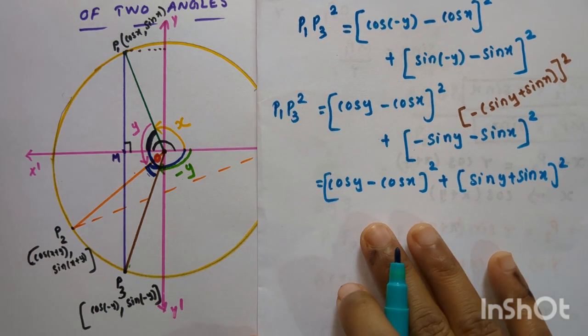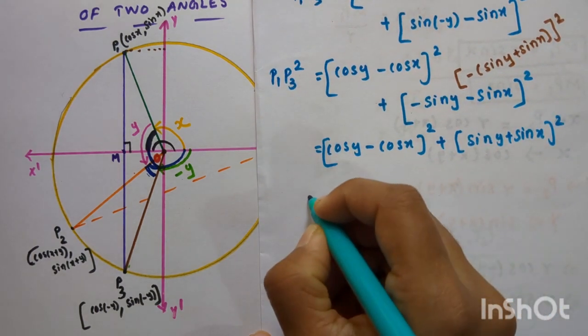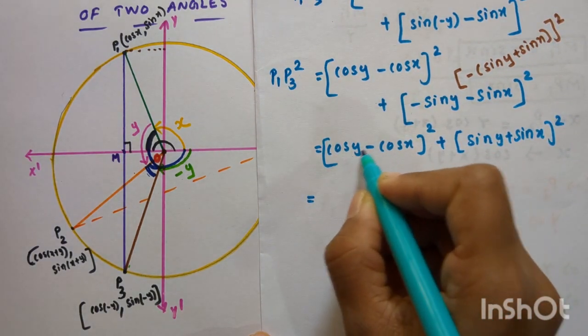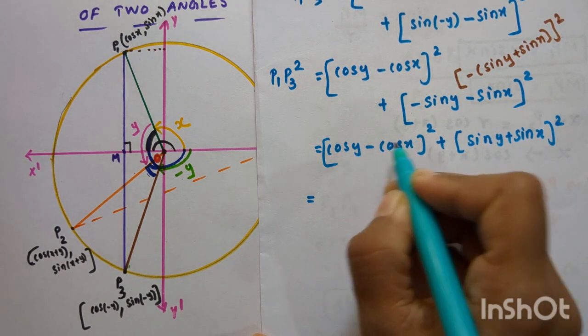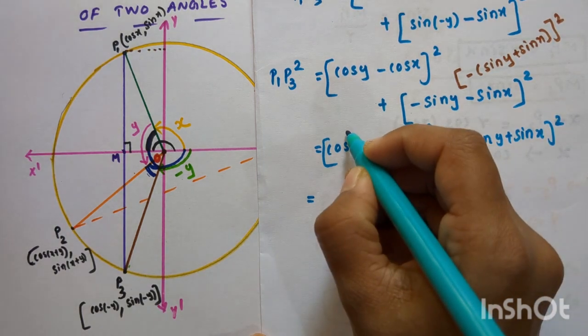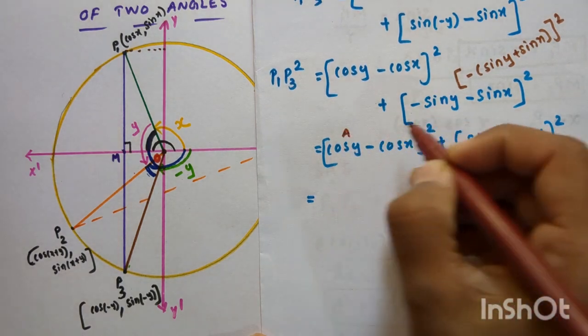Now I'm going to expand cos y minus cos x all square. This is like a minus b all square, where this is a and this is b.